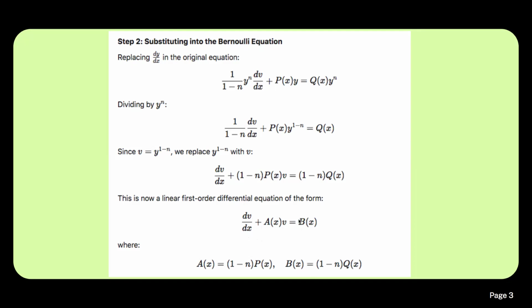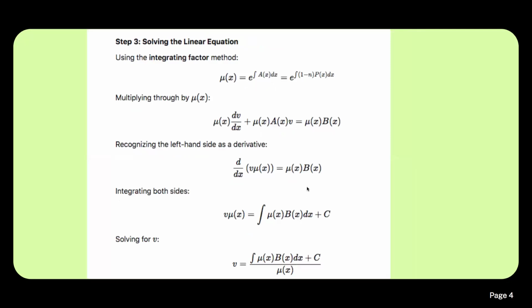This is a linear first-order ODE, which we talked about last time, so we know how to do that. We use an integrating factor mu(x) to make it an exact ODE, rewrite it as a differential form, and integrate both sides. This is exactly what we told you last time.